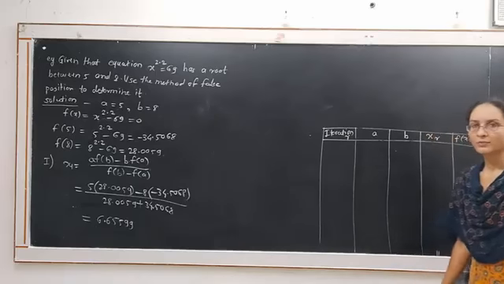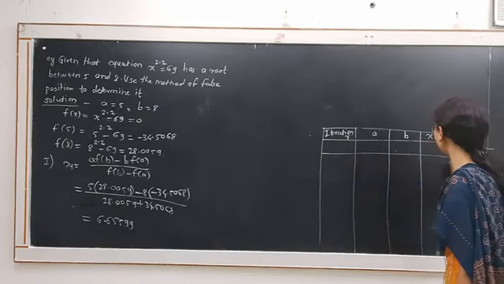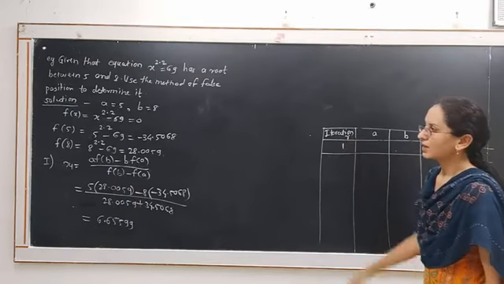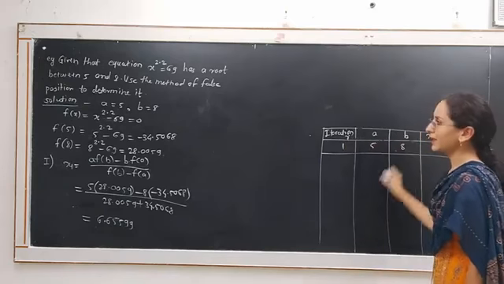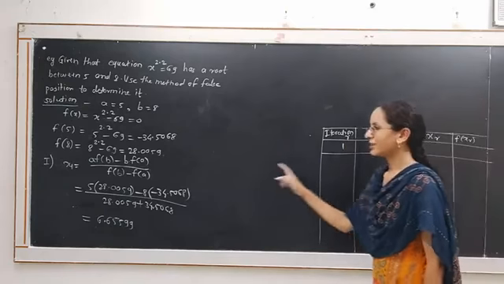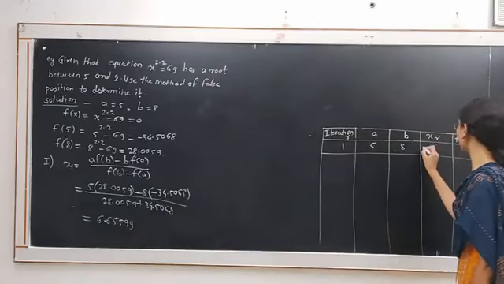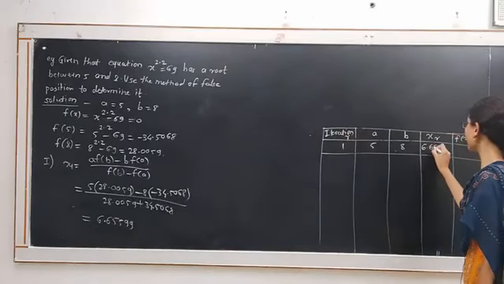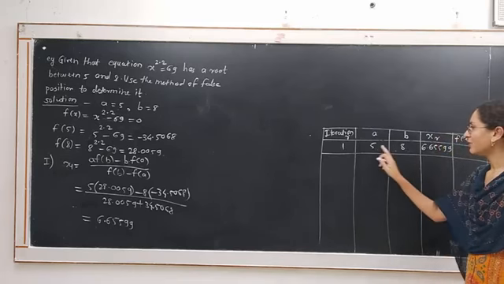For iteration r equal to 1, we get a equal to 5, b equal to 8, and x1 is obtained as 6.65599. Remember that we are finding the root in between 5 and 8. Hence, all the values of x should lie in between 5 and 8.